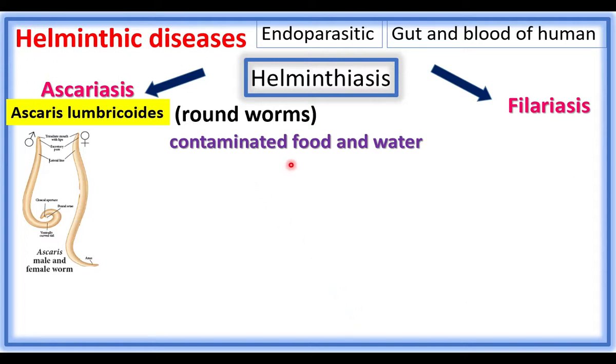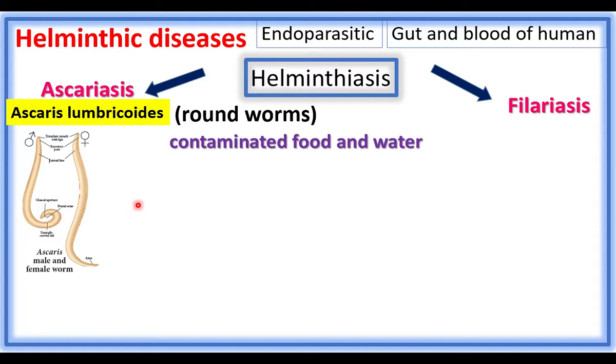How are the food and water contaminated? Let us see now. The egg is laid by the female worm. The fertilized egg comes to the environment through the excreta of the patient. The fecal matter of the patient brings the eggs to the environment.